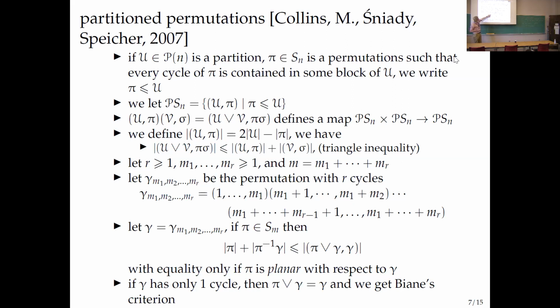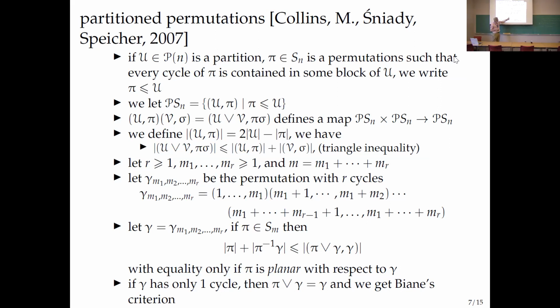Each cycle has m1 elements in it, m2 in the second one, and so on up to mr in the last one. So I'm going to make a big permutation with these r cycles. This is why I was leaving out those ends, because I don't want to write this in a formula because it's too big. So each time I'm going to let gamma be this long thing.